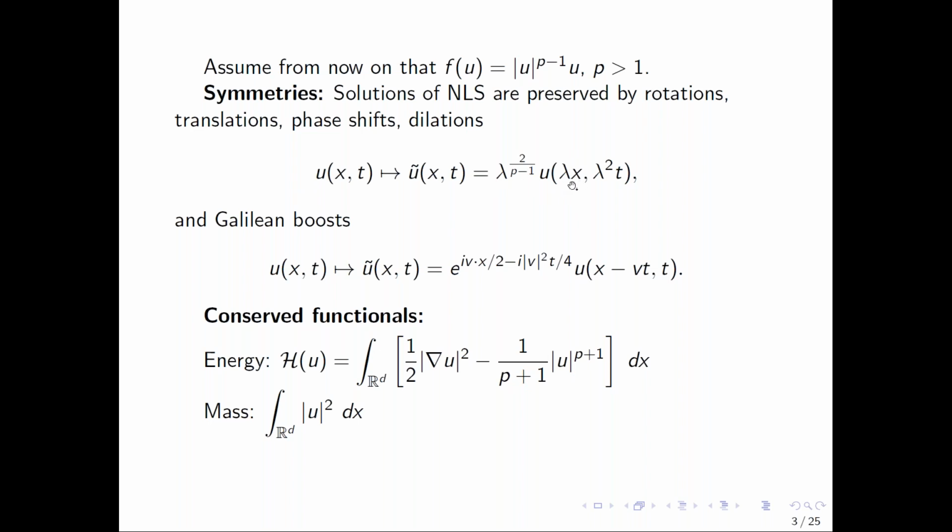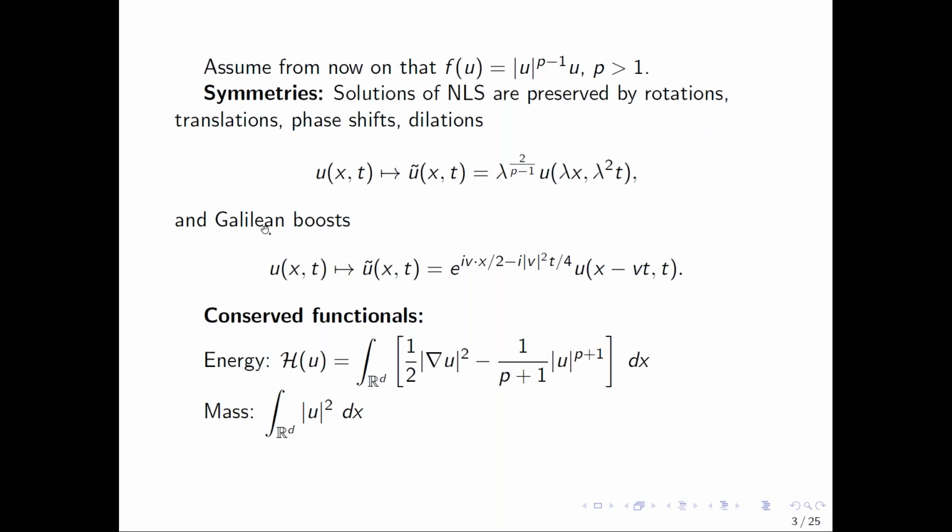You dilate the x variable by a parameter lambda and the t variable by lambda squared, and then multiply u by lambda to the 2 over p minus 1. All these operations on u preserve solutions of the nonlinear Schrodinger equation. So if you start with u and convert it to u tilde, you will still have a solution of the nonlinear Schrodinger equation.